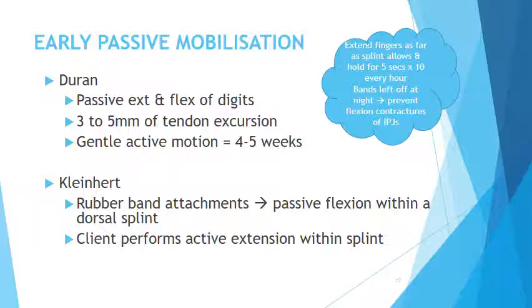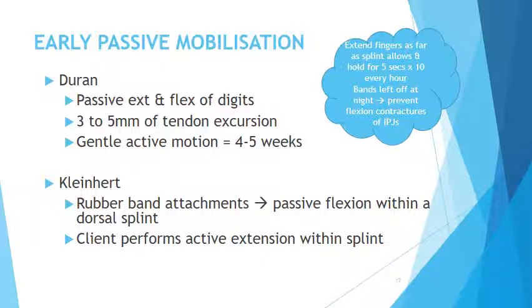In the Duran, you have your dorsal blocking splint, and passive exercise, extension and flexion of the digits are used as an exercise called the Duran and Hauser exercise, where when you give that to your clients, they get a 3 to 5 millimeter of tendon excursion.